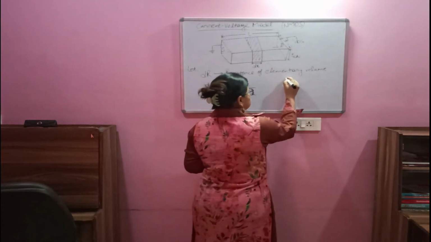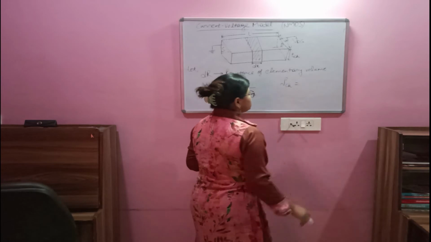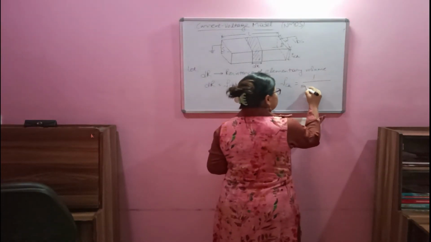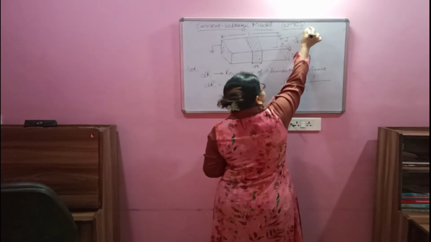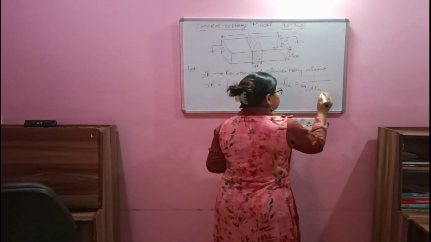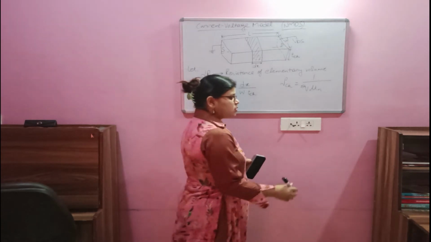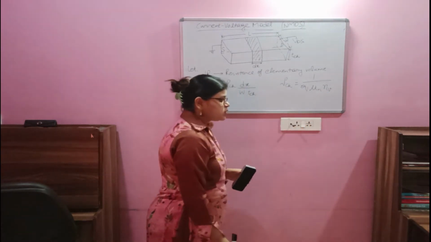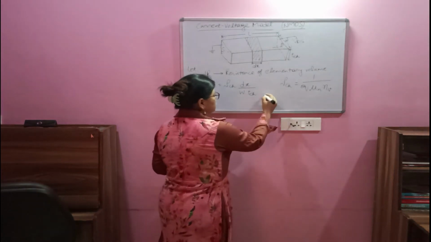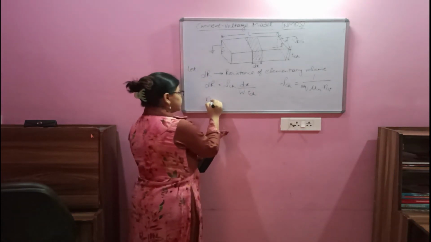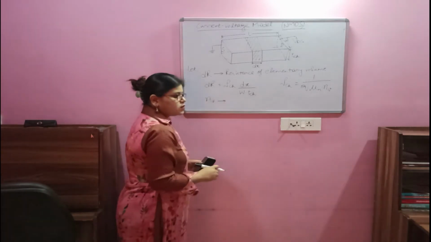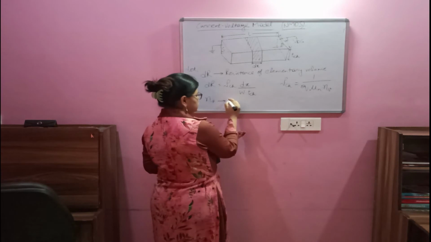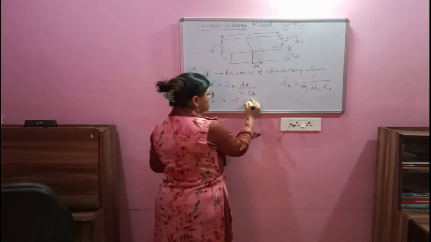Now over here, this channel resistivity will be given as 1 upon q mu n NV, because it's an NMOS we are considering, so the mobility of the electrons into this NV. What is this NV over here? This is the volume concentration of inversion carriers.